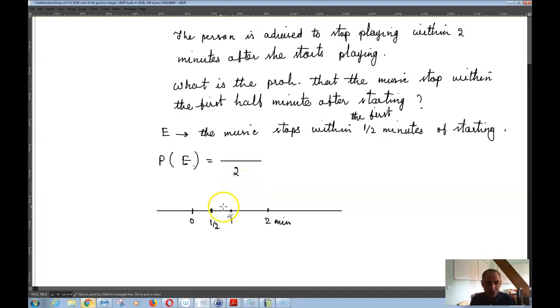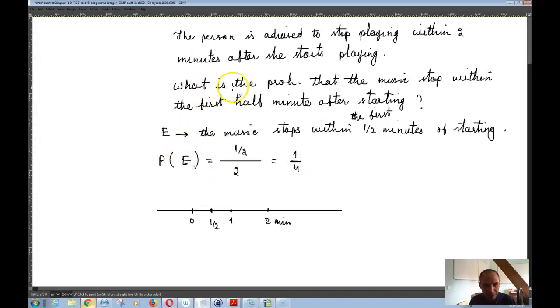So the distance between 0 and 2 would be just 2 units over here. And the distance between 0 and 1/2, which is everything favorable to E, would be 1/2. So if I divide 1/2 by 2, I get 1/4.